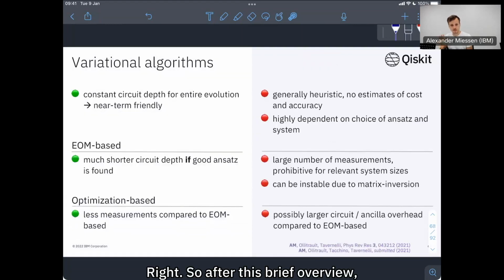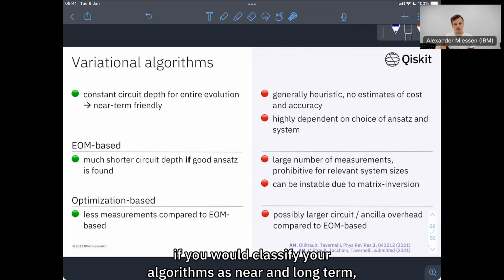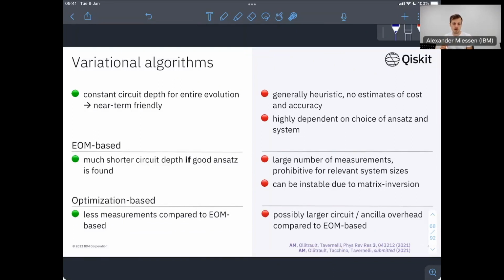Right, so after this brief overview, some pros and cons of these variational algorithms. I mean, generally, these variational algorithms would fall into this near-term algorithm category, if you would classify your algorithms as near and long-term, because their target is to model your system with much shorter circuits than these decomposition methods, okay?